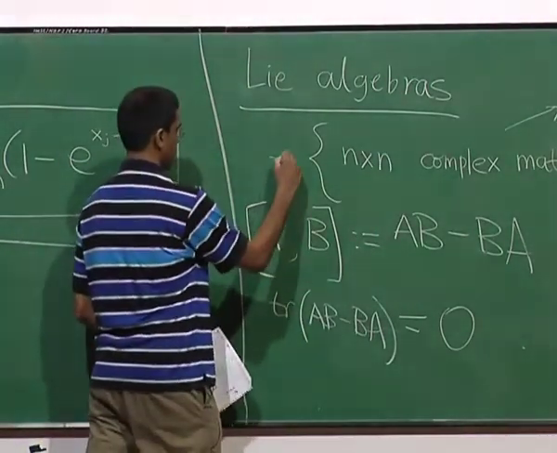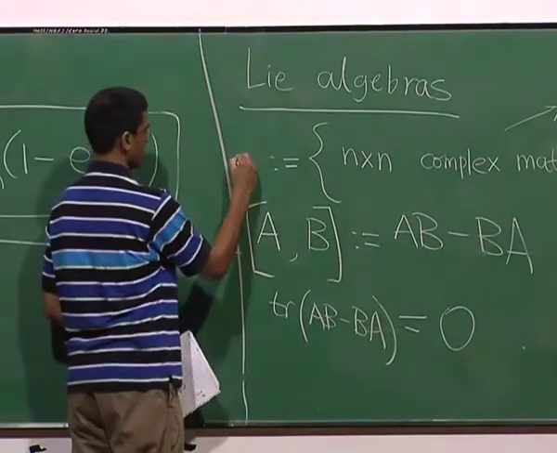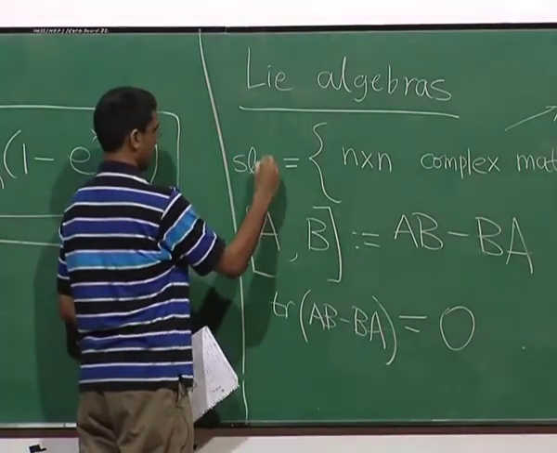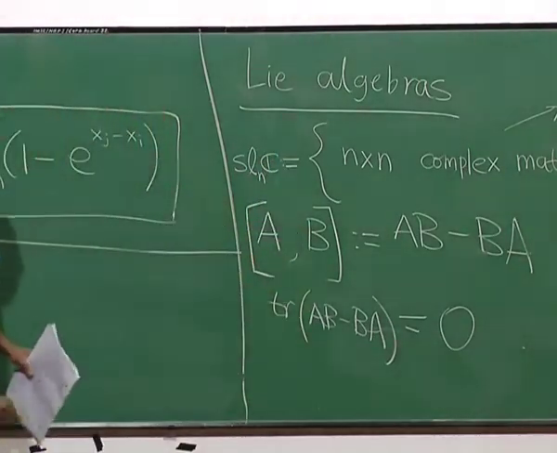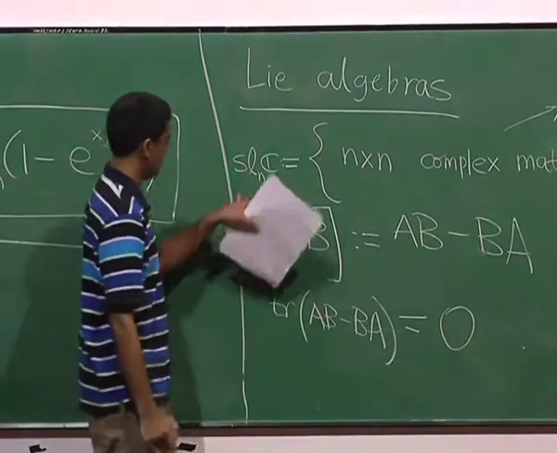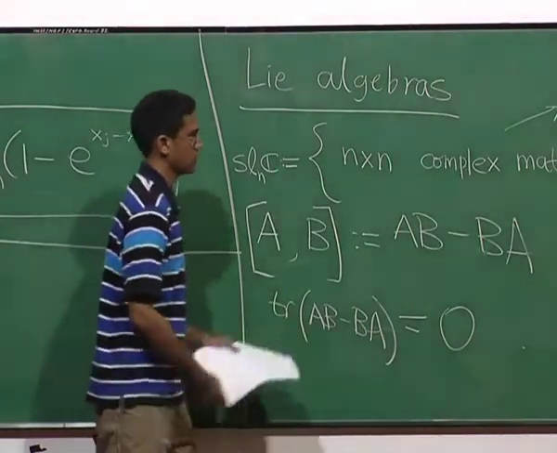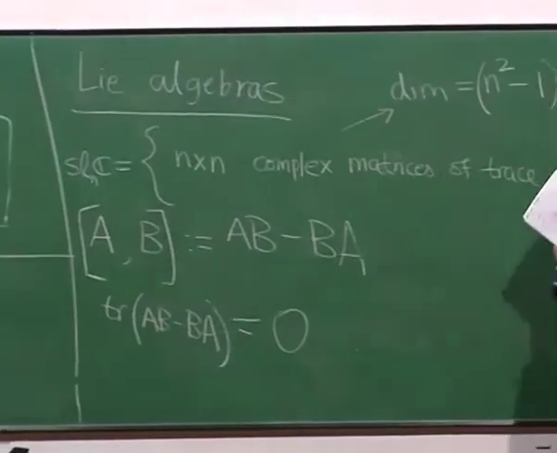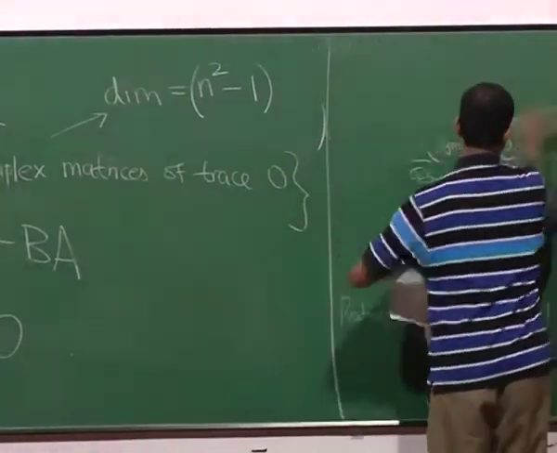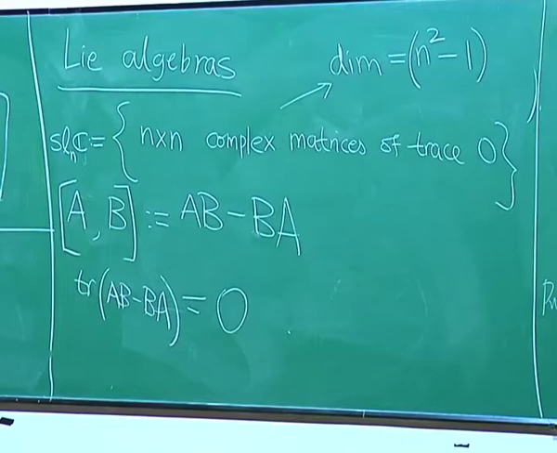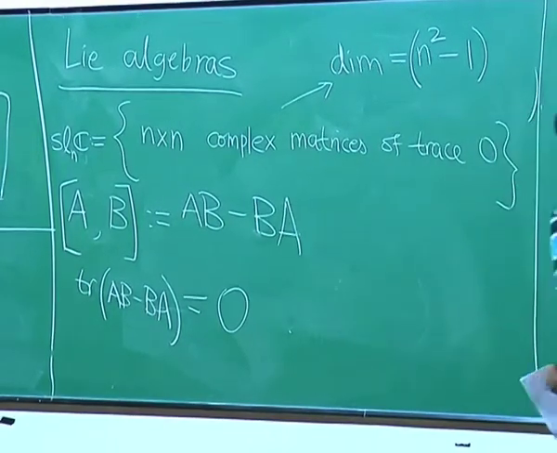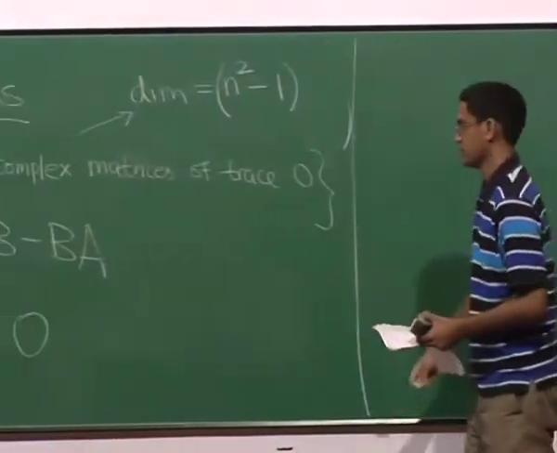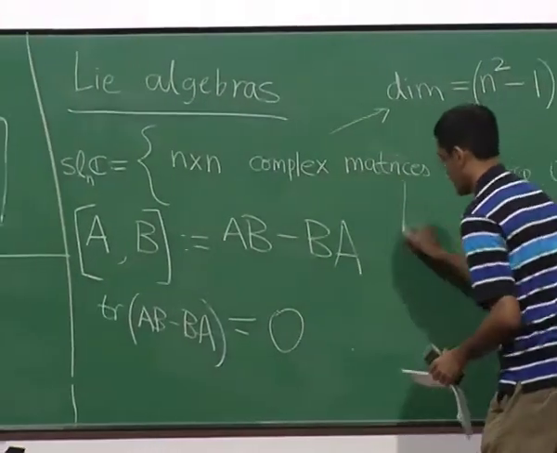So let's give this a name. So this is usually written sl_n(C), the special linear Lie algebra. So this space is closed under the bracket, and the Lie algebra you can think of as just being sort of a more general structure which is equipped with a bracket operation like this. Okay. So what are the other properties that the bracket satisfies?